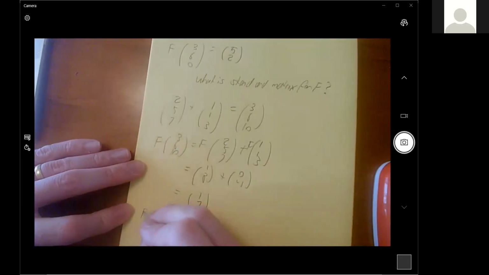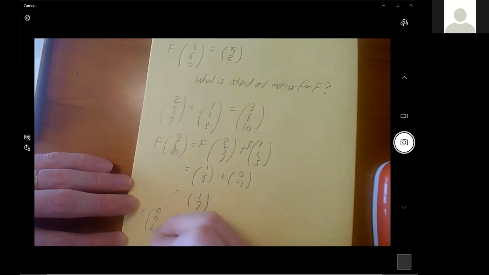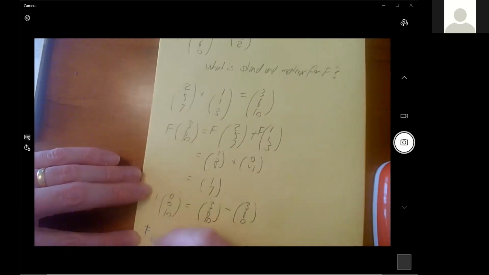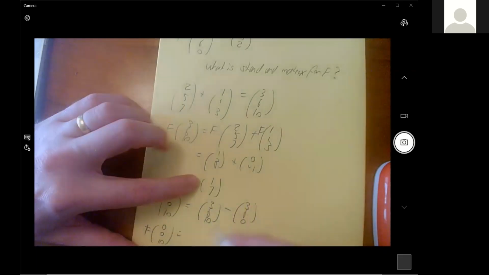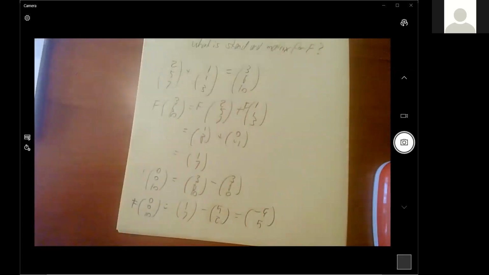And then I know 0, 0, 10 is 3, 6, 10 minus 3, 6, 0. And so f of 0, 0, 10 should be the f for this, which was 1, 7, minus the f for this, which was 5, 2. And so that answers minus 4, 5.